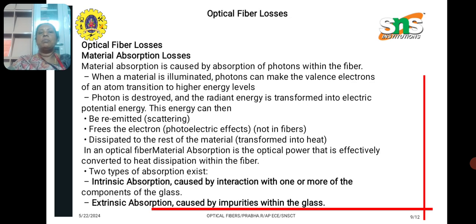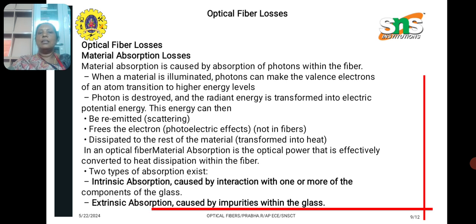And in optical fiber losses, material absorption loss is also another type of loss. When a material is illuminated, photons can excite the valence electrons, often at a transition, to a higher energy level. The photon is destroyed and the radiant energy is transformed into electric potential energy, and this will be re-emitted, called scattering.